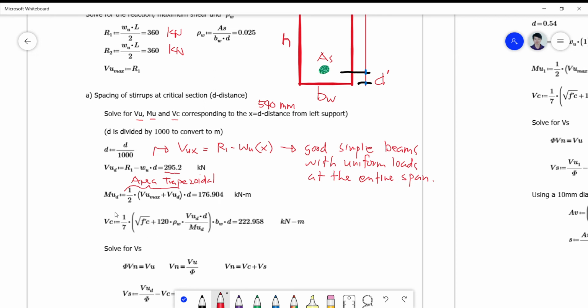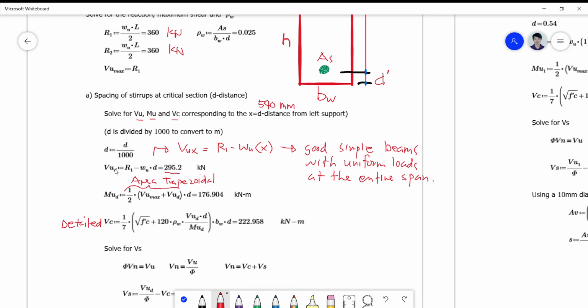So we can now apply the formula for VC, which is a detailed formula by the NSCP or the ACI. The detailed formula is VC is equal to 1/7 square root of FC prime plus 120 rho W VUD at D distance all over MUD, multiplied by BWD.